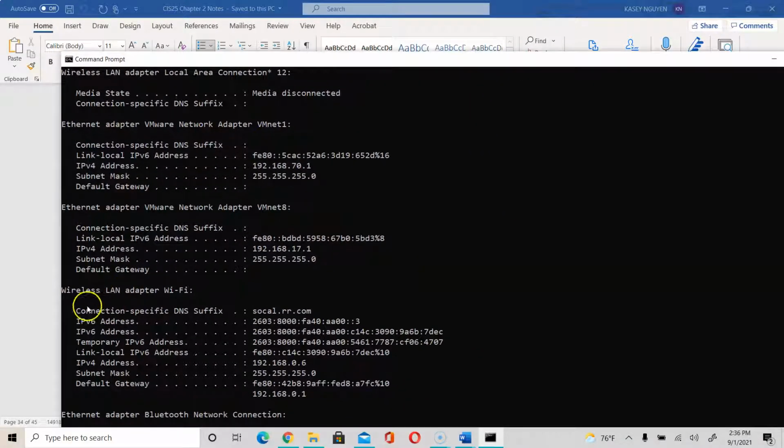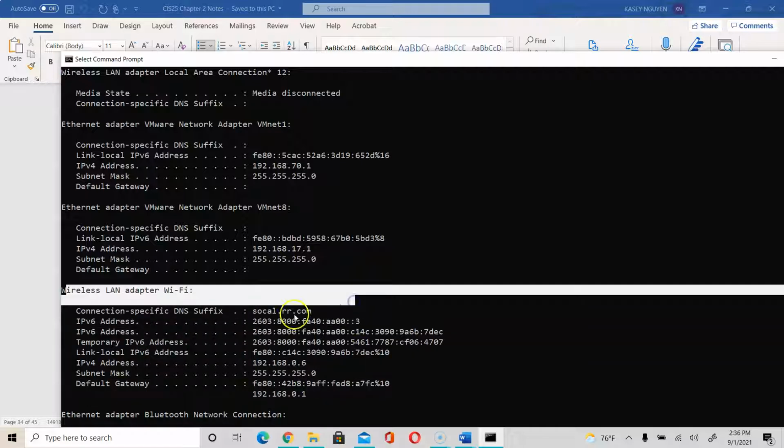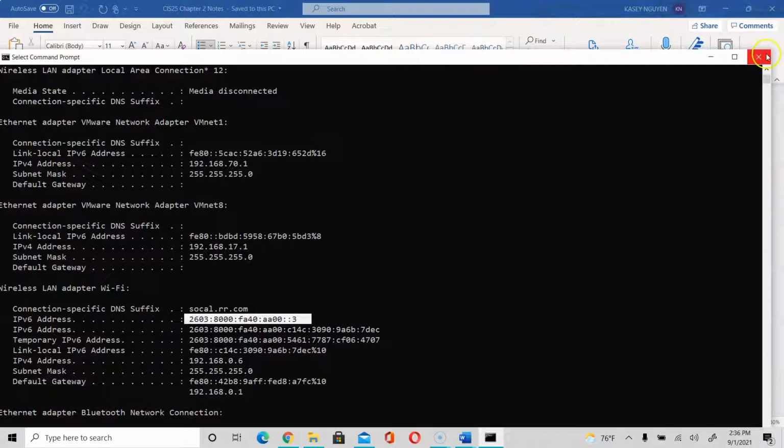So it will bring you to the section of your adapter, and here we would see that this is my configuration, and my IP address would be located here, and my subnet mask is here, and the version 6 address is located here. So you can use ipconfig or ipconfig /all in order to find your IP address.